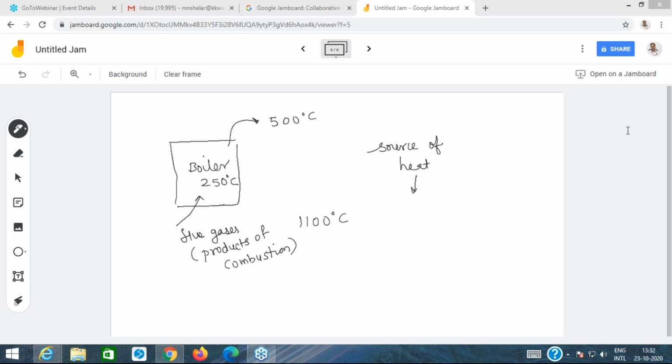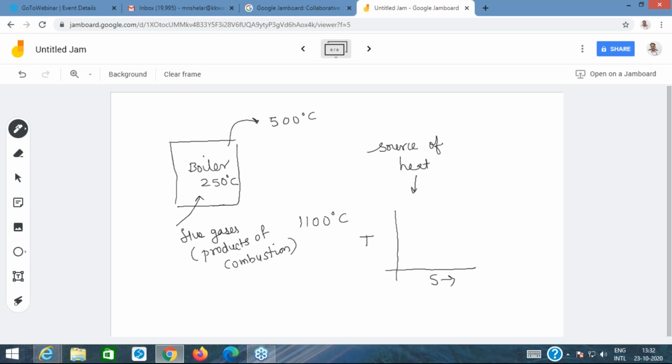So if I want to represent this on the temperature entropy diagram, how would that look? If I want to represent what happens to the temperature of the gases and the entropy of the gases as they transfer the heat to the boiler, how can I represent that? What will happen to the temperature of the gases?